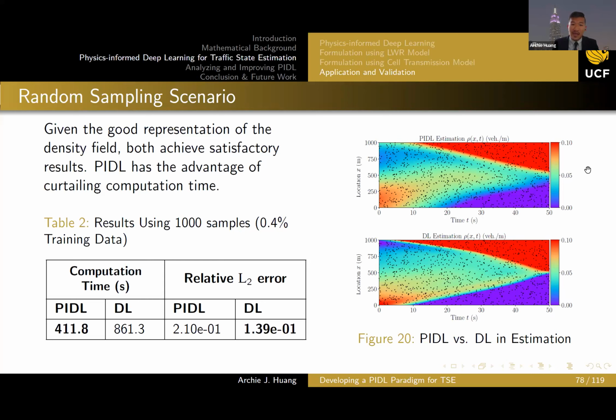And in this case, PIDL has the huge advantage of saving computational time. That is the main advantage of PIDL in this scenario, given the training data already represents this entire domain, or the entire image, well.